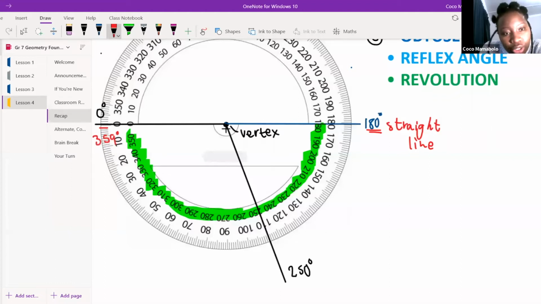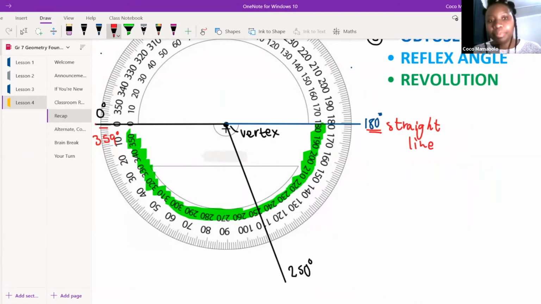But as soon as I get to 360, it's not called a reflex angle anymore. What is it called? A revolution. Excellent. So every reflex angle will be from 181 to 359, and the little bits in between next to 180. But normally everything between there will be the reflex angle. I hope that makes sense, Boucher.